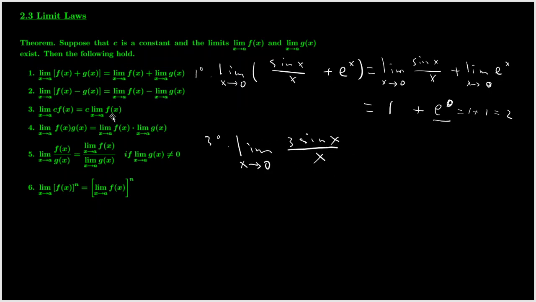You see 3 is a constant c. Whenever you see a number, you can leave the number out of the limit notation. You have 3 times the limit as x approaches 0 of sine of x over x. Now the limit part is equal to 1, so the final answer is 3 times 1, so you have 3.